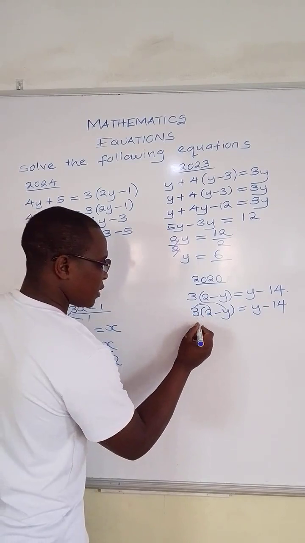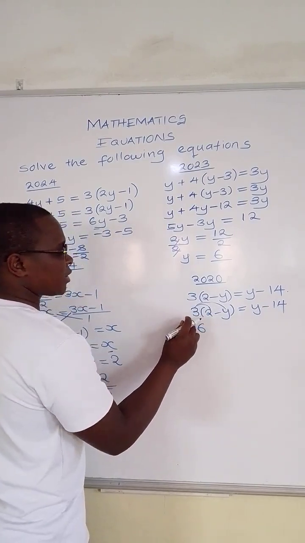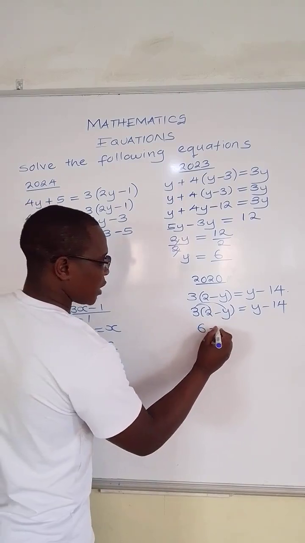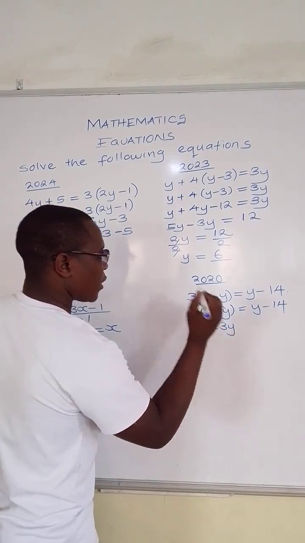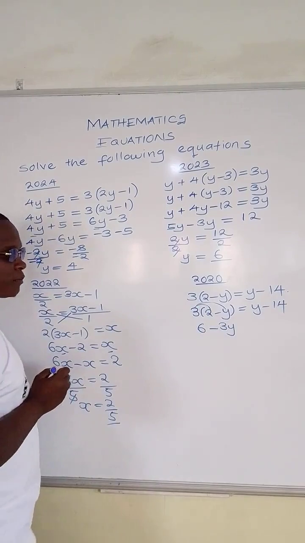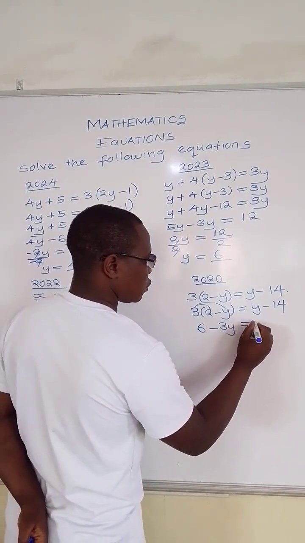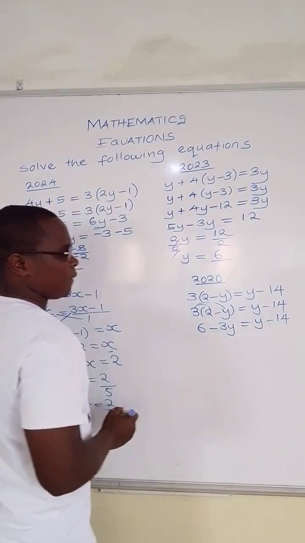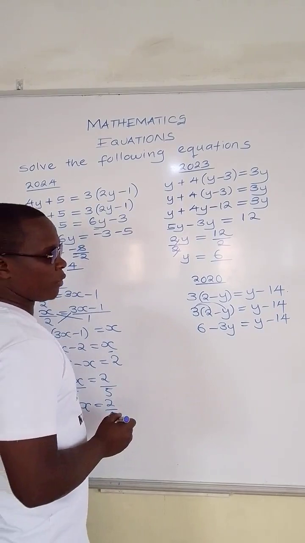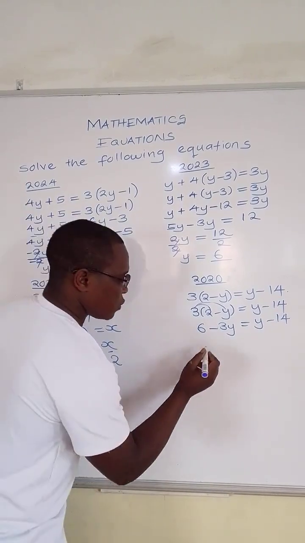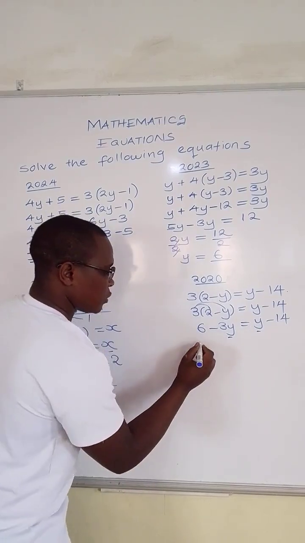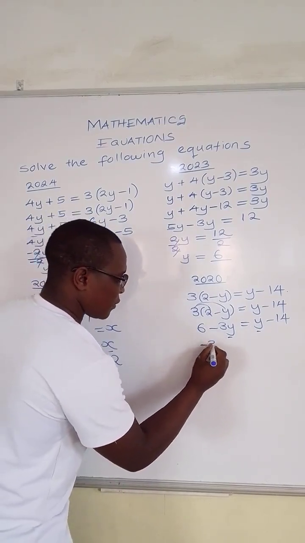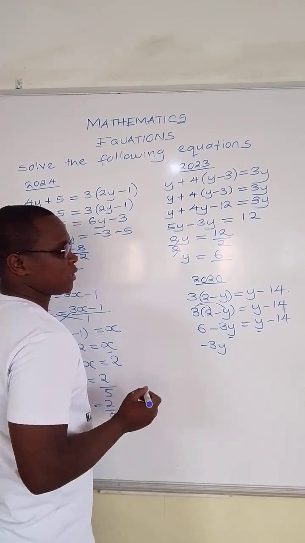So 3 times 2 get 6. 3 times negative y get negative 3y. Okay, is equal to positive y minus 14. So at this point, we're going to group the like terms. So y terms together.